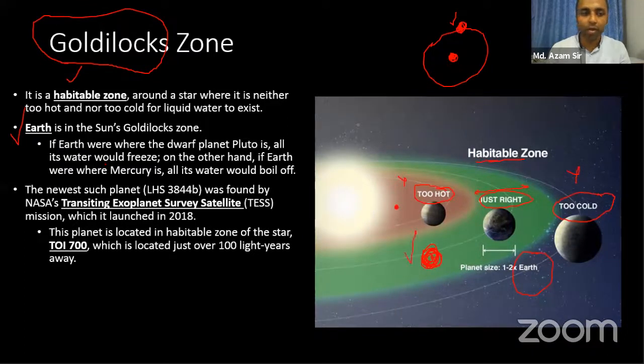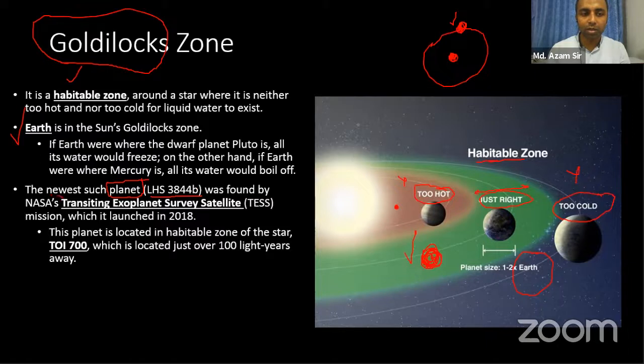Recently this was in the news because a planet was discovered. Unlike our solar system, the other planets are not given names like Earth, Mercury, Venus. They are given code names. This planet's name was LHS 3844b.